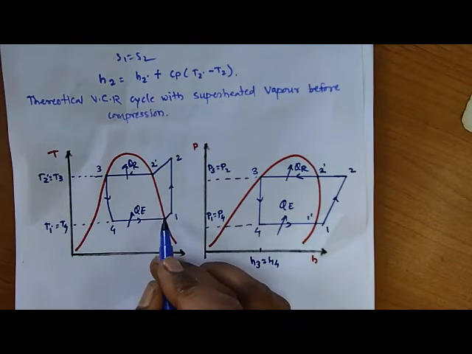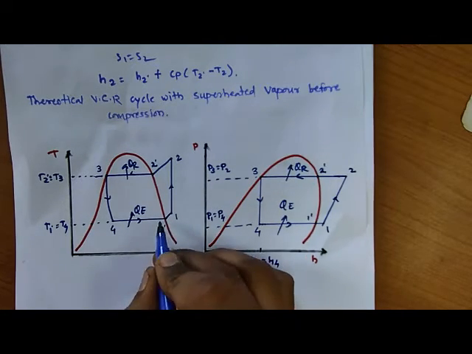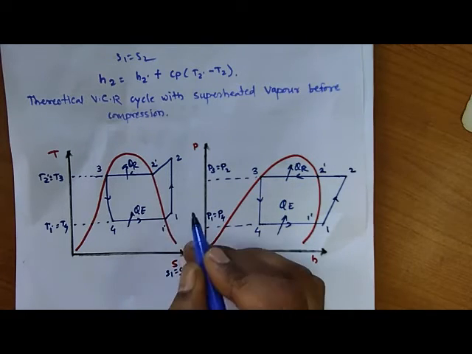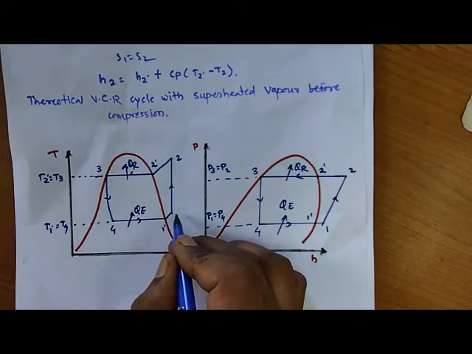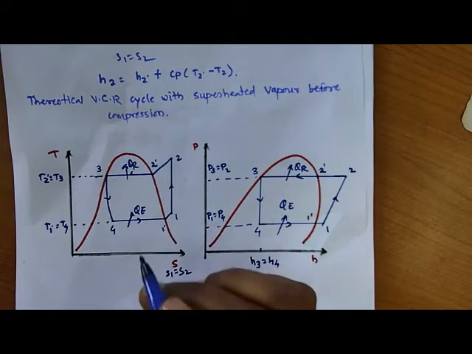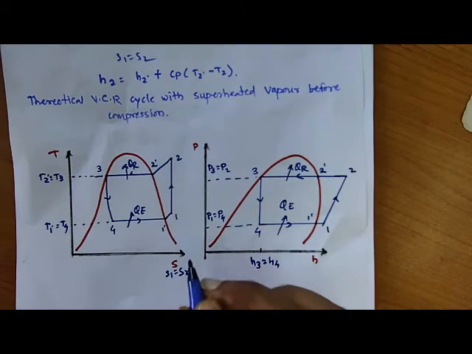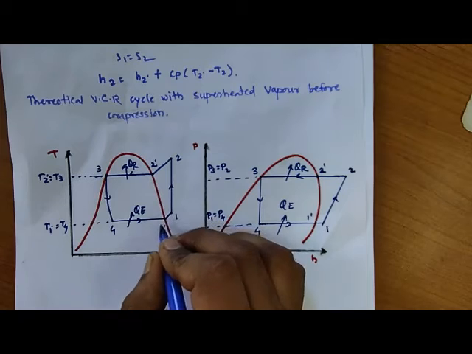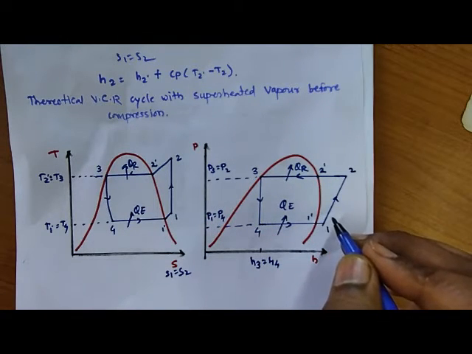Then the same refrigerant in gas form has its temperature increased again before it is supplied to the compressor. So this is 1 dash to 1, called the degree of superheating. So this is the superheating of the refrigerant before the compression.